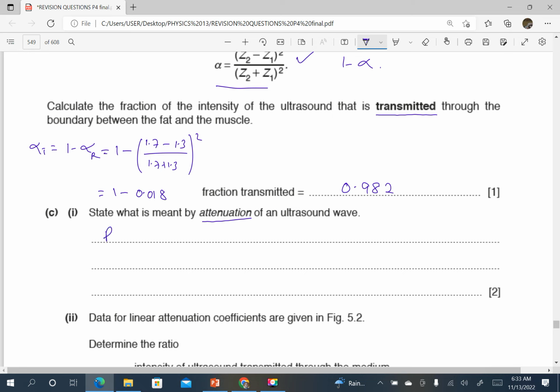So the reduction in intensity or reduction in power of the wave, the reduction in the intensity or the power of the wave as it passes through a medium.